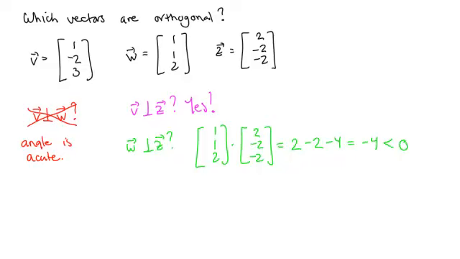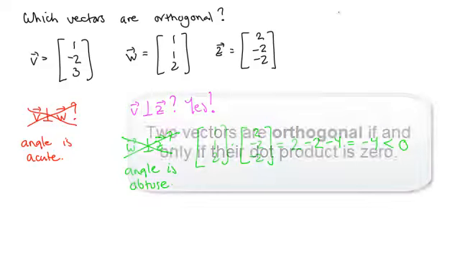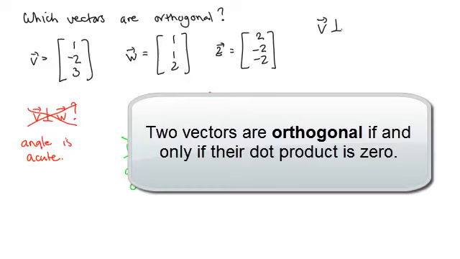That value is negative, and so that tells me that these two vectors are not orthogonal, but that the angle is obtuse. So this example shows that we can now answer the question posed at the beginning of the podcast efficiently: two vectors are orthogonal if and only if their dot product is 0.